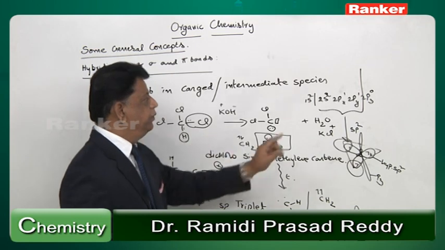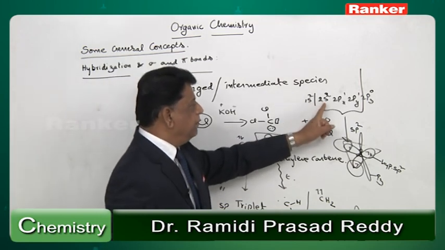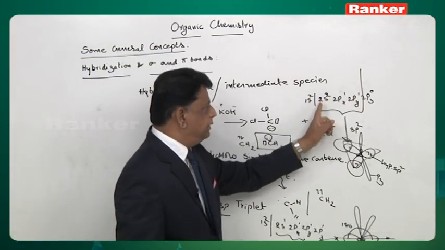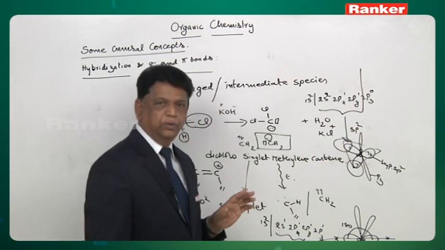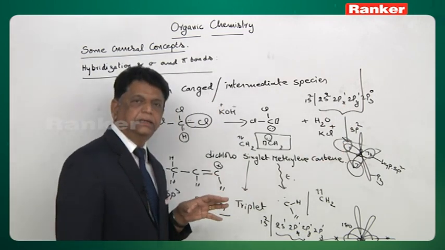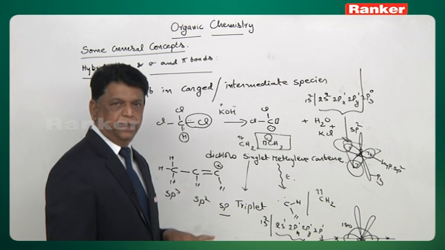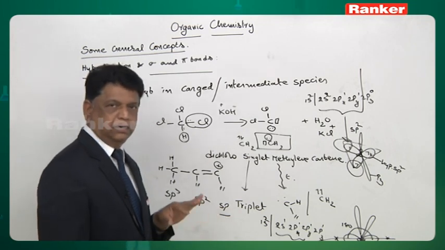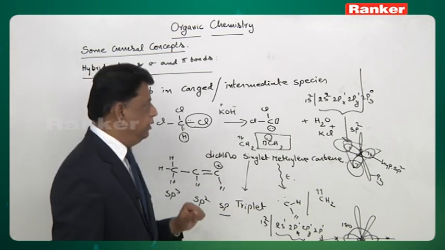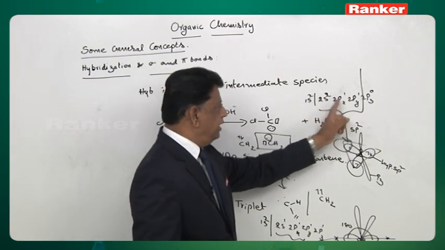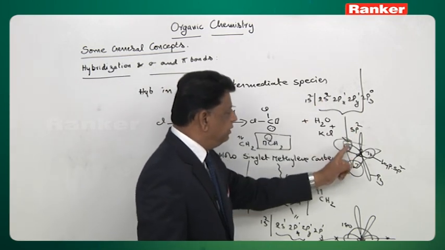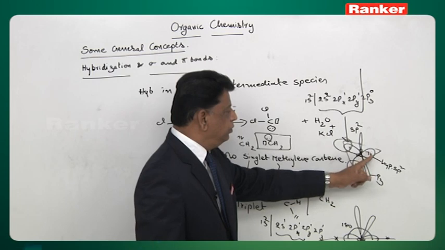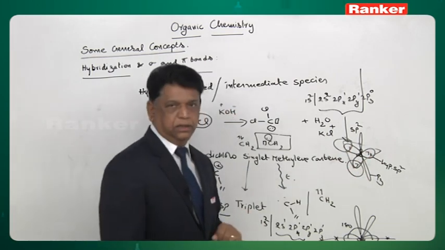So, sp2 hybridization involves these 2. It is actually 4 electrons, but orbitals are 3 only. So, hybridization takes place only in the orbitals, not between the electrons. Electrons are nothing but orbitals, no doubt, but 3 orbitals are involved. So, 3 hybrid orbitals will be formed, having the 2 electrons, 1 electron, 1 electron. Okay, right.